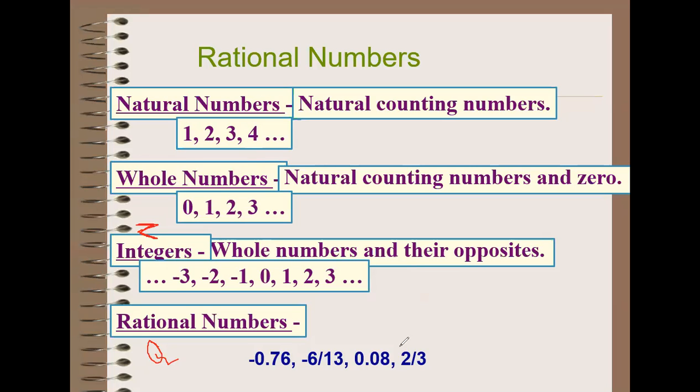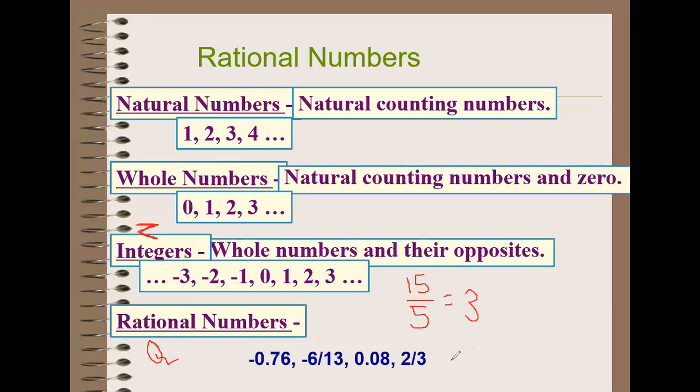If I have another question like 15 over 5. Could you please try to think where we can classify 15 over 5? In which set of numbers here? 15 over 5, if you simplify, it will be equal to how many?